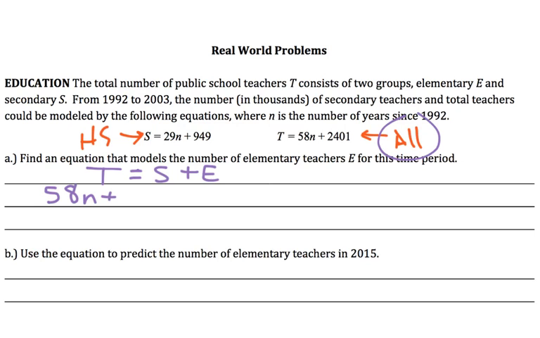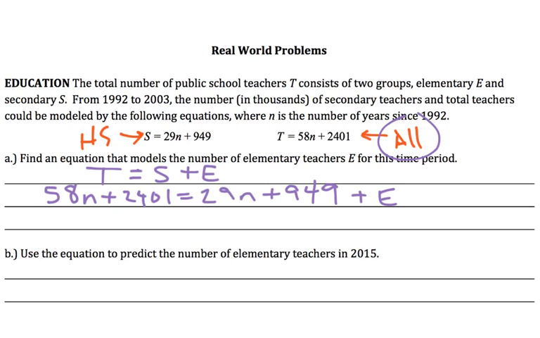plus 2,401 is equal to all the secondary teachers, which is right here, 29N plus 949, plus E, my fault.